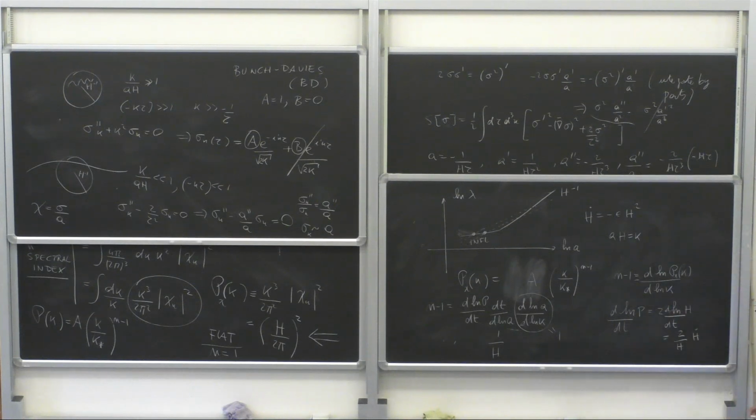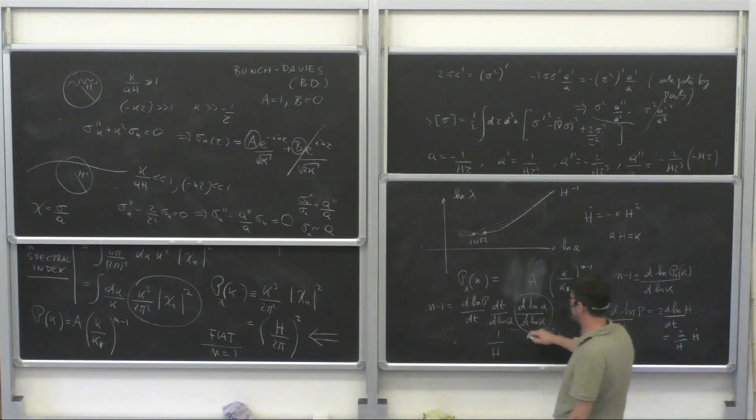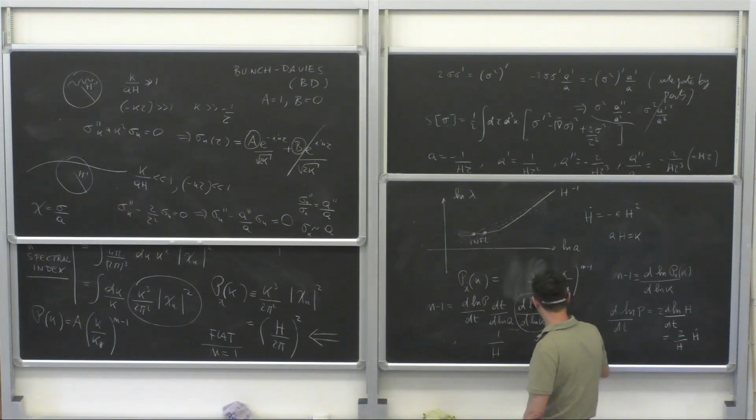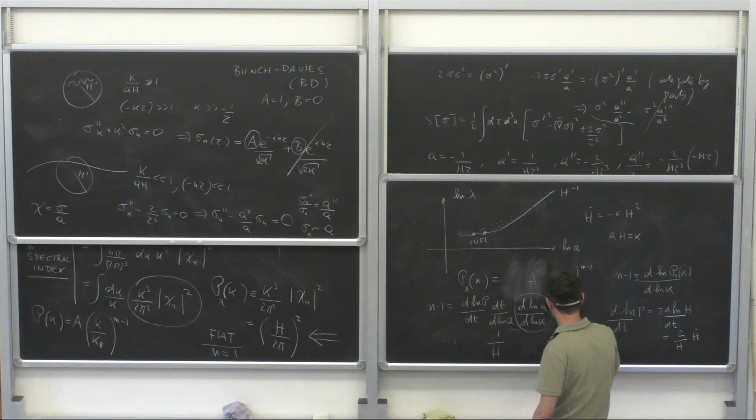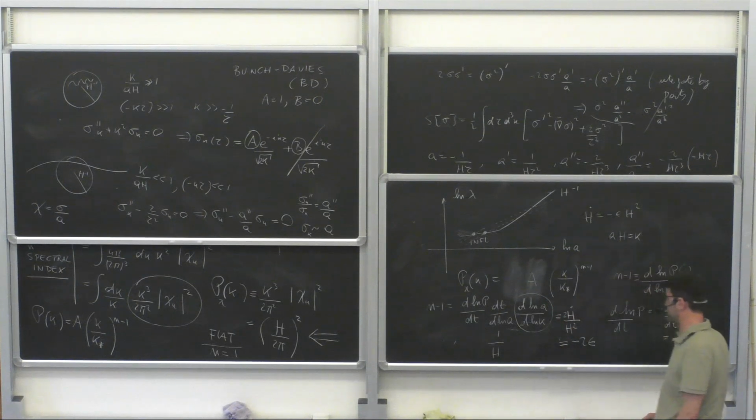Okay? And then I have, from here, simply H dot divided by H squared, with a factor of 2, which is equal to minus 2 epsilon.